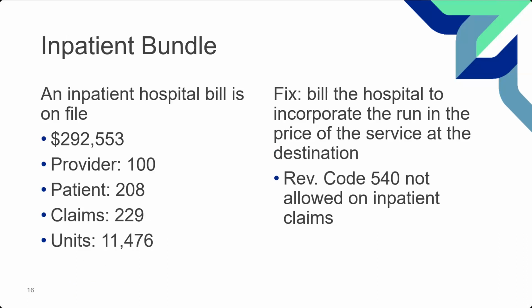When a patient is in an inpatient hospital stay, we are not able to pay the ambulance claim if it is an acute care hospital. Now, there are some payment methodologies that would allow for this, and that would be like a critical access hospital. But what we're looking at is the revenue code 540 not being allowed on an inpatient claim. Why? Because the ambulance claim is never standalone when they're inpatient. It's not a standalone item.